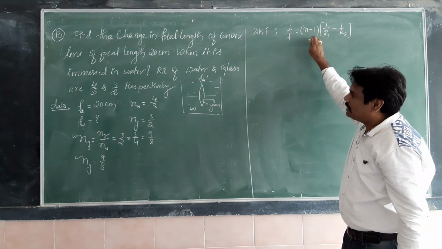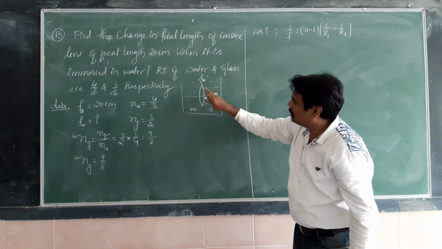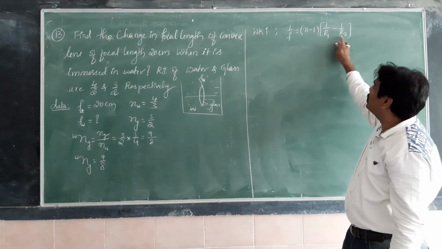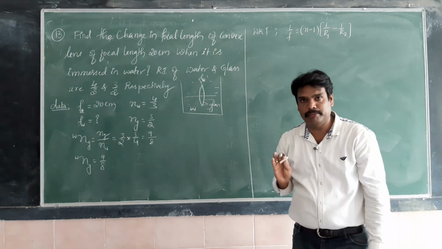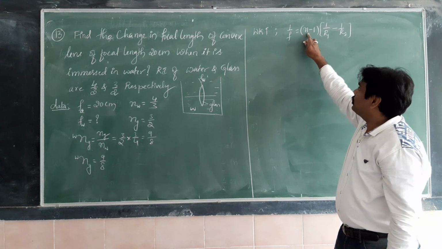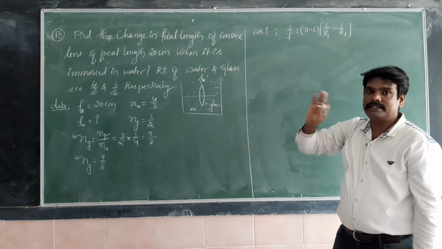Now I am applying this formula when it is in air medium, and when the same lens is immersed in water. In both the cases, R1 and R2 do not change. You should remember, focal length only changes. Refractive index can change, but the radius of curvature does not change.